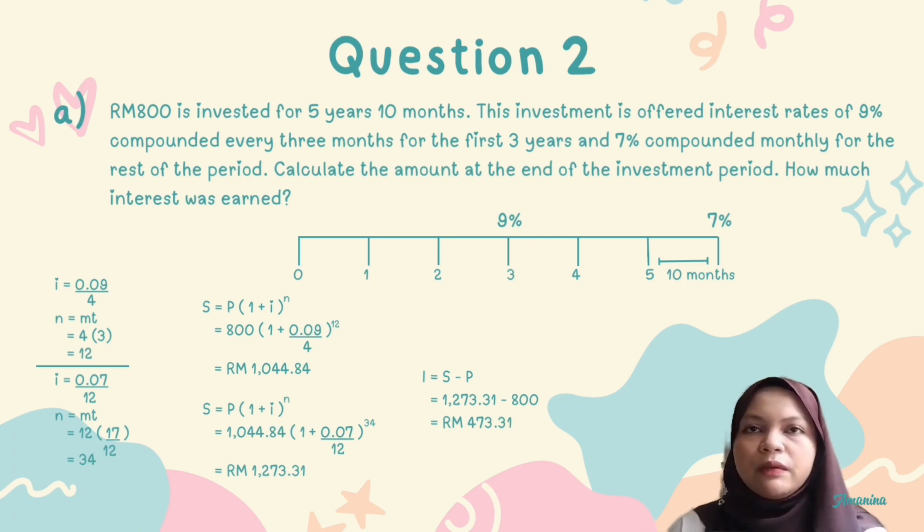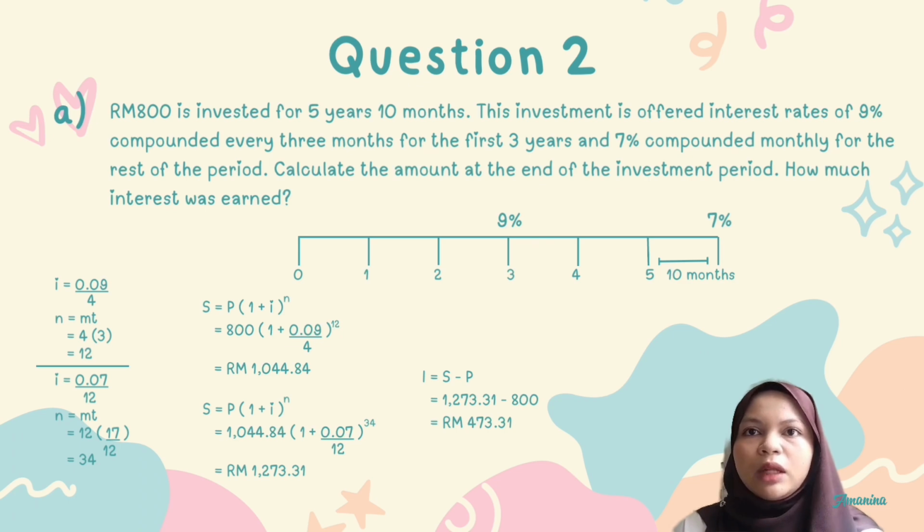So first, find the value of the first 3 years using the rate of 9% compounded every 3 months. Use the formula n = mt and we get 4 × 3 = 12 for n. Then insert the values into the compound interest formula S = P(1 + i)^n. We got 1,044 ringgit and 84 cents. After that, calculate the rest of the period using 7% compounded monthly.